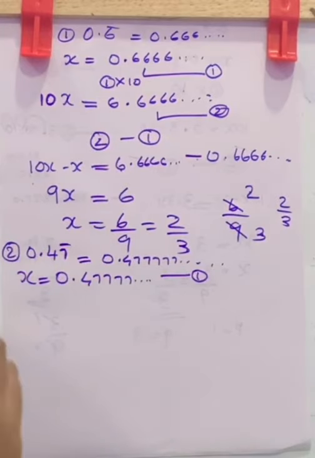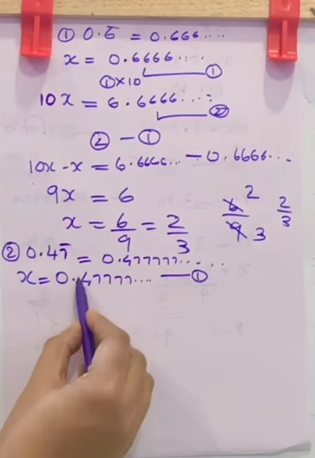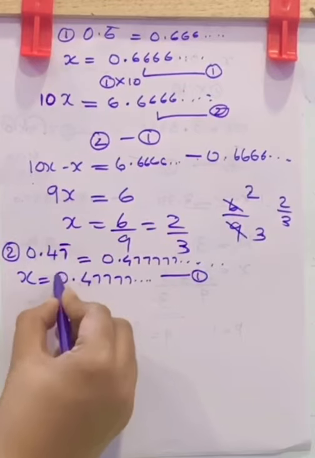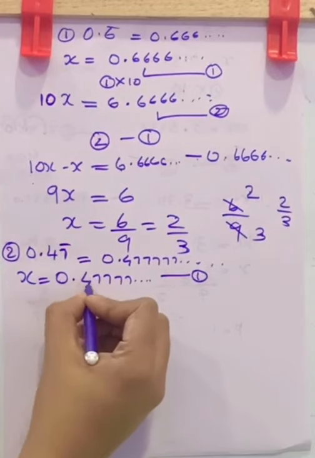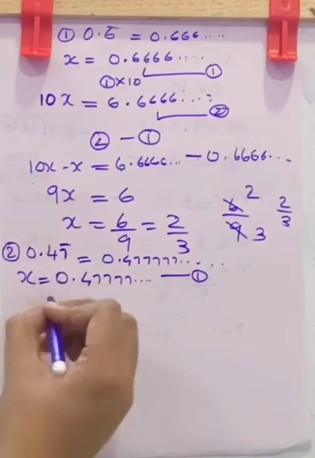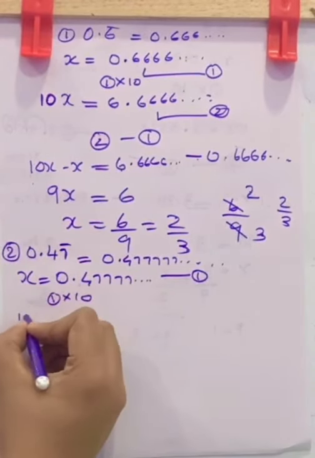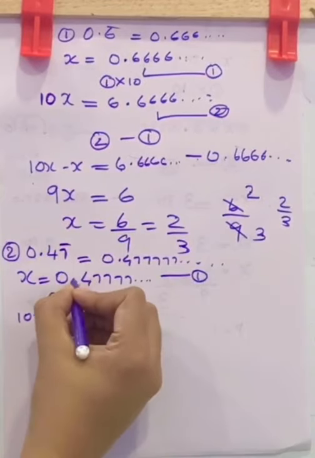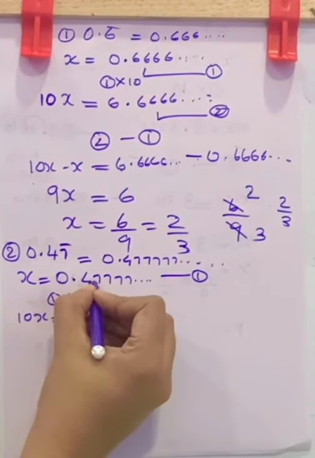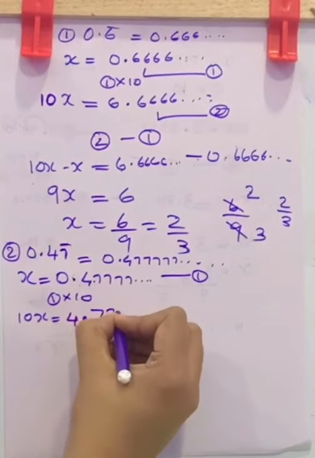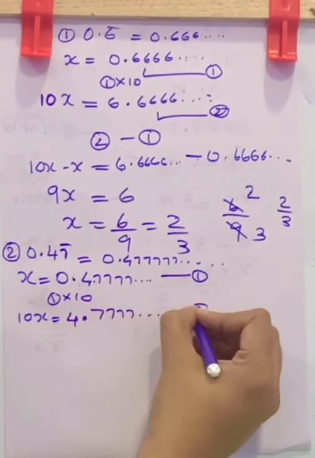Now remember, there is a number before the repetition. So first you have to take this to the whole number part. For that only one number, so multiply with 10. Equation 1 into 10, you will get 10x is equal to, this decimal comes to this side, 4.777 etc. This is the second equation.